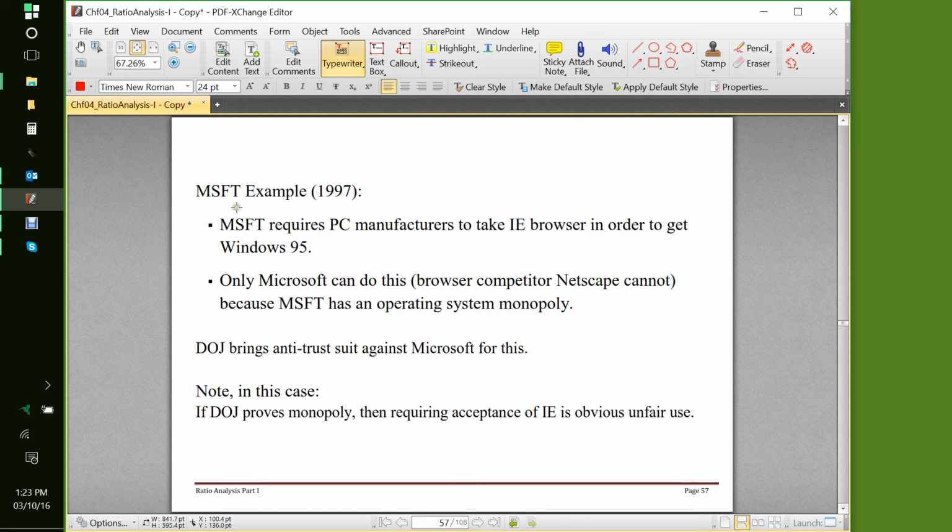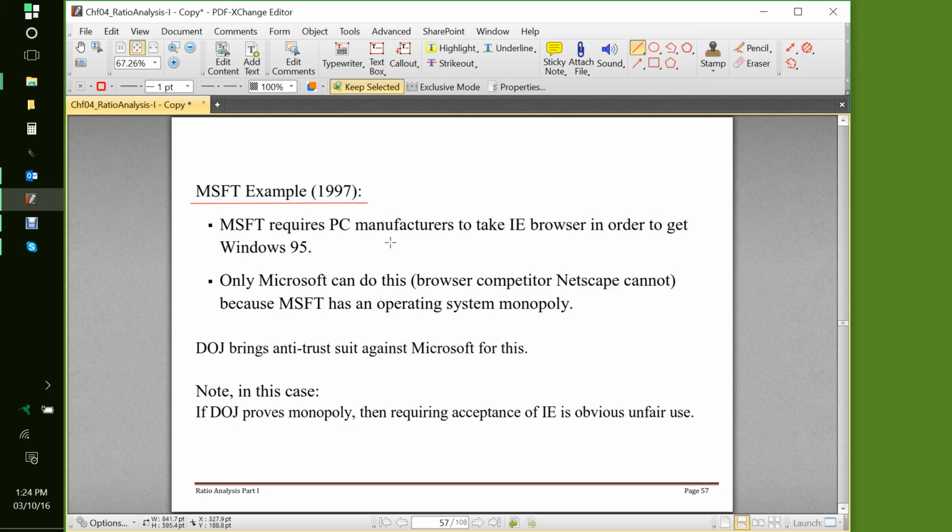Now let's go to the Microsoft example with that knowledge in our back pocket. All the way back, showing what a fossil I am, in 1997, Microsoft required PC manufacturers to take their Internet Explorer browser in order to get Windows 95, the latest version of their Windows operating system at the time.